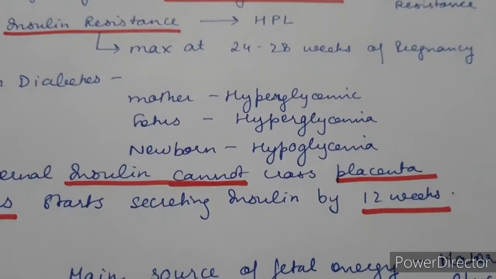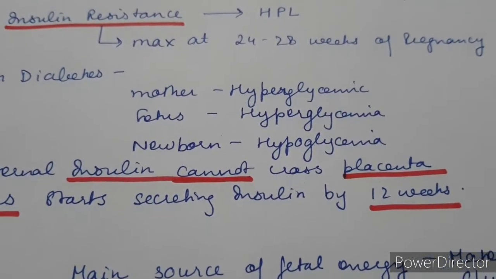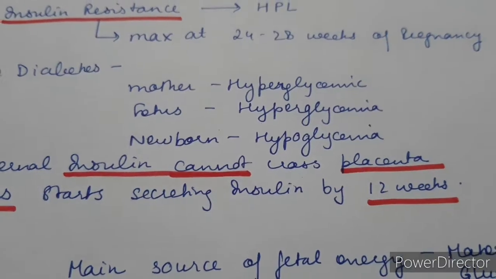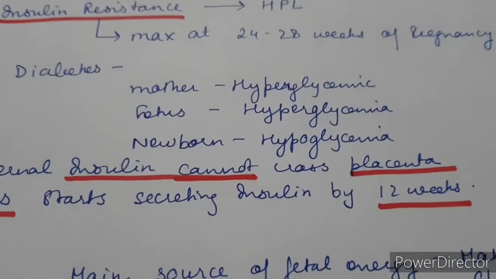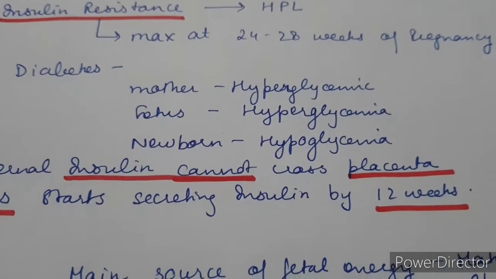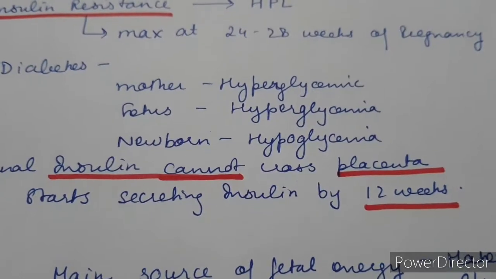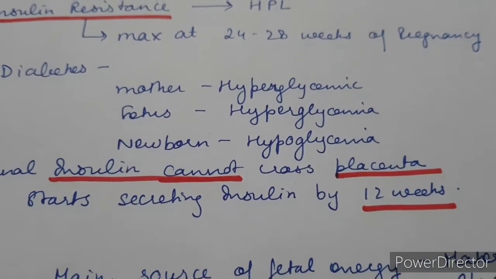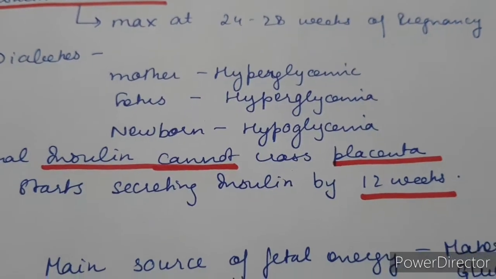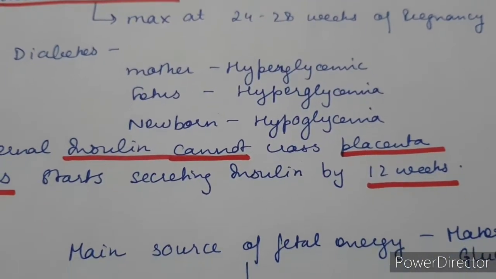See, the mother is hyperglycemic because of insulin resistance, and therefore all the glucose that she eats stays there until it goes into the fetus. The fetus is hyperglycemic because it is getting a free and abundant supply of glucose from the mother. But how the newborn develops hypoglycemia, we will see further in the video.